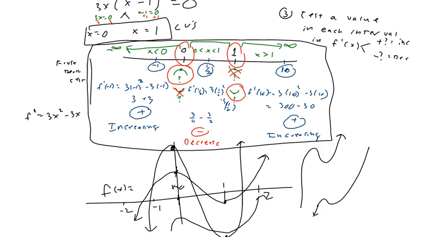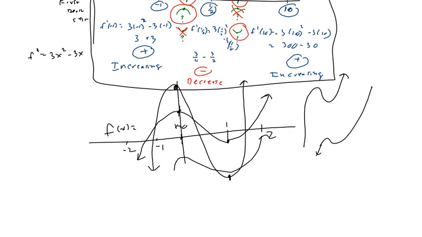And there could be many different shapes. But we know that there's a maximum at 0 and a min at 1.